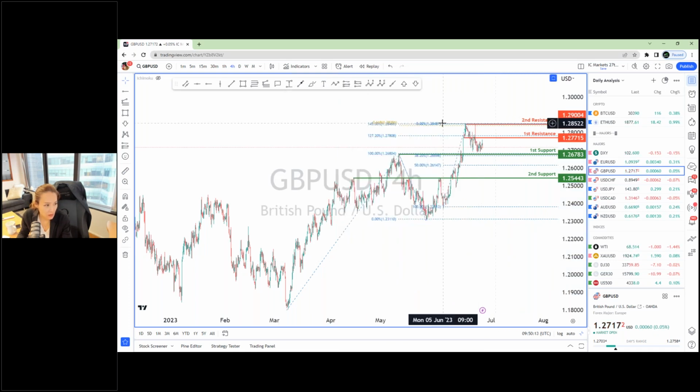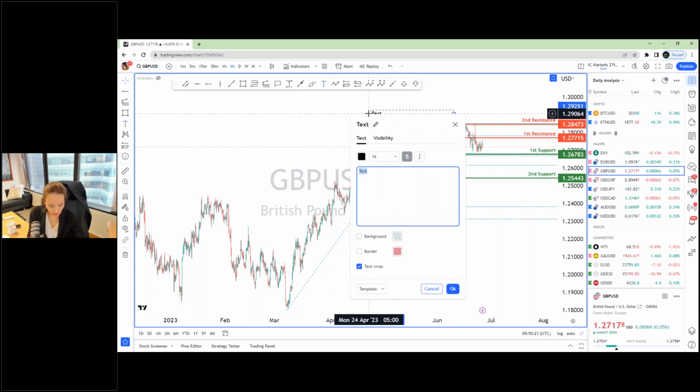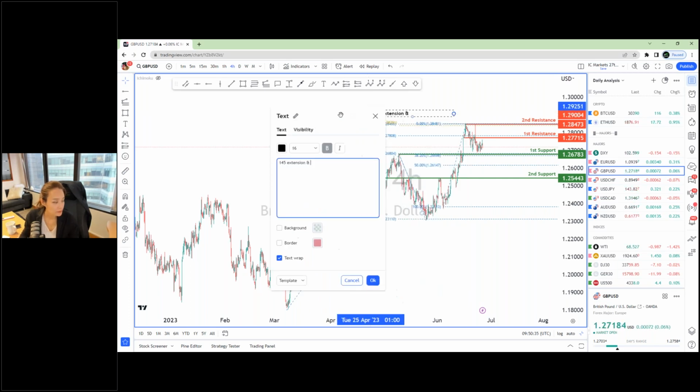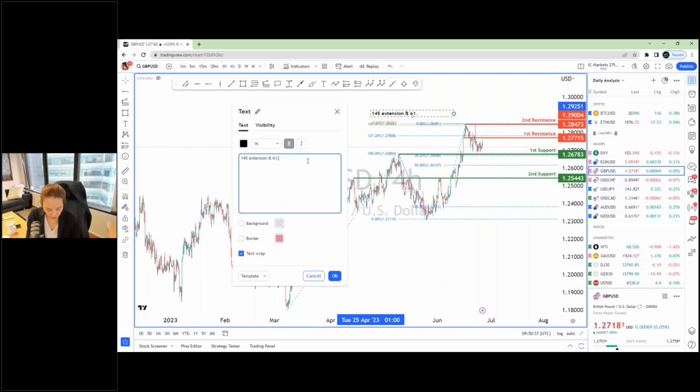So this level I have 145 extension. Okay, 145 extension, and 61.8 projection.